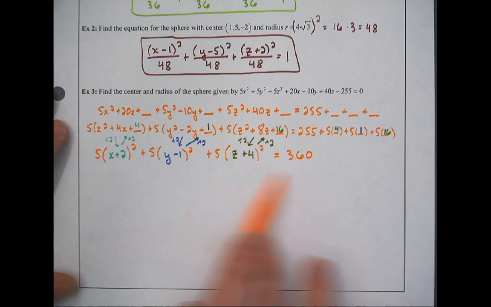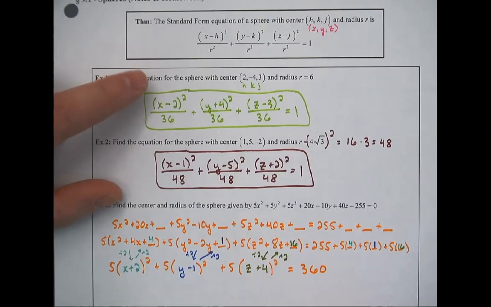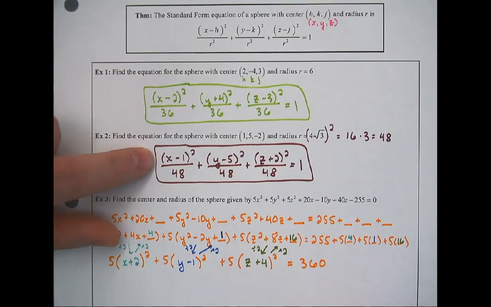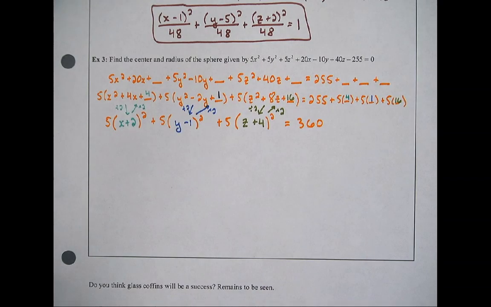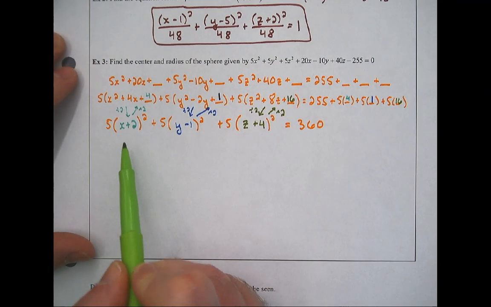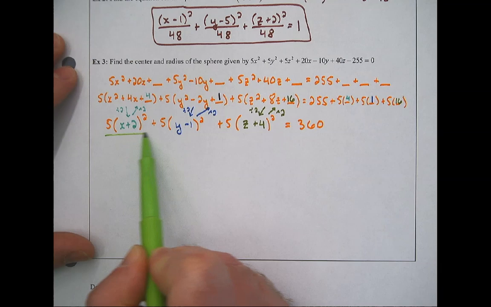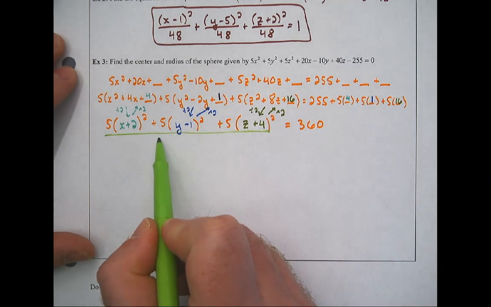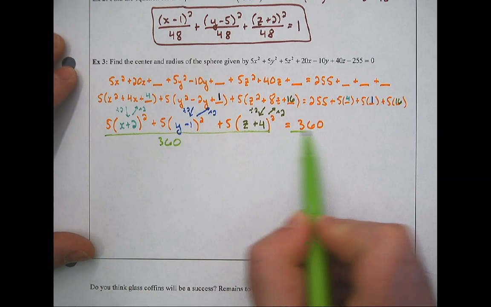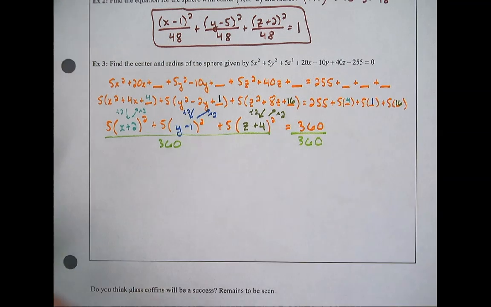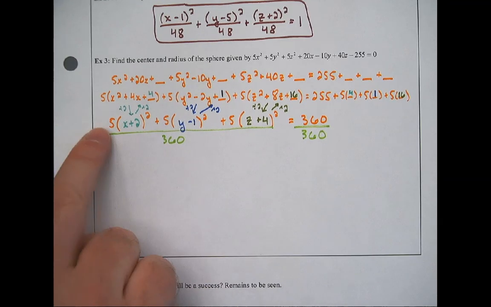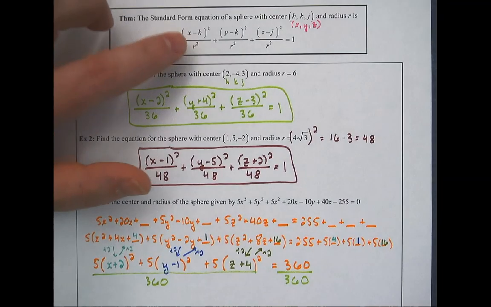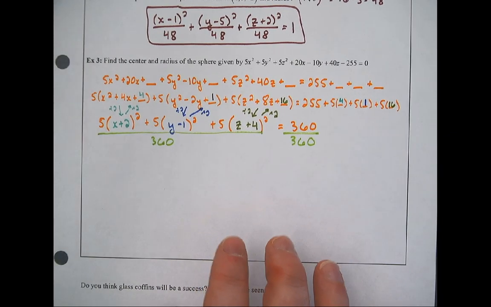All right, now what's wrong with this? This is not in the same format as these. They're supposed to equal 1. So what I can do to make this equal 1 is to take everything and just divide it by that 360. So I'm going to divide this side by 360. I'm going to divide this side by 360. Now, the 5 and the 360 can reduce, so I can split these back up into their individual terms.